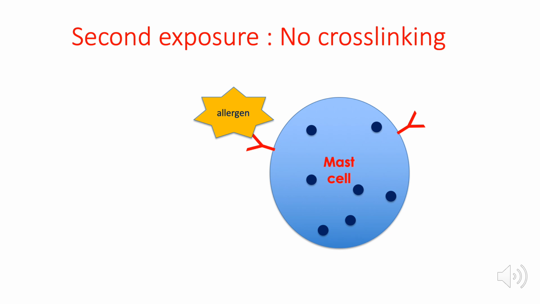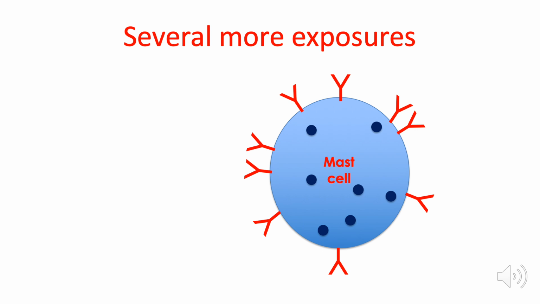But after several more re-exposures, the number of IgE antibodies on the surface of the mast cell will increase. That's the characteristic of adaptive immunity. The more that you're exposed, the higher the magnitude of immune responses. So what will happen?